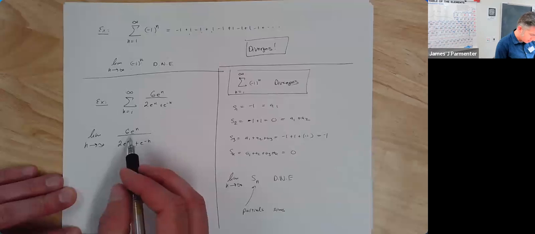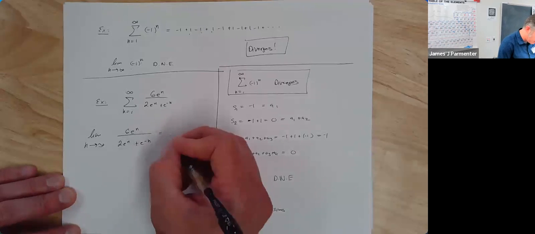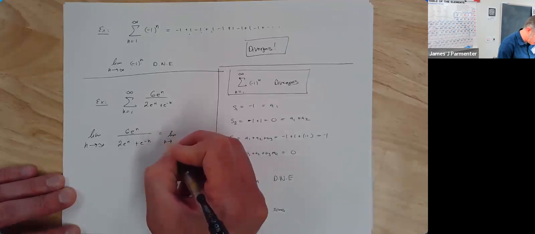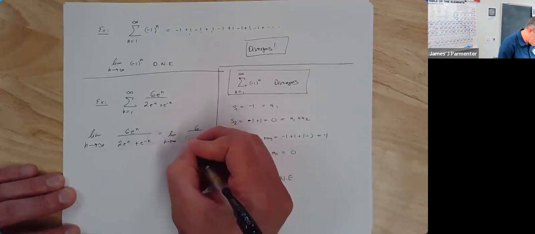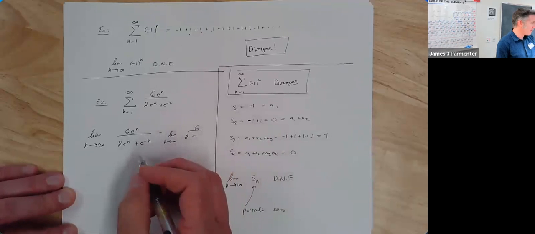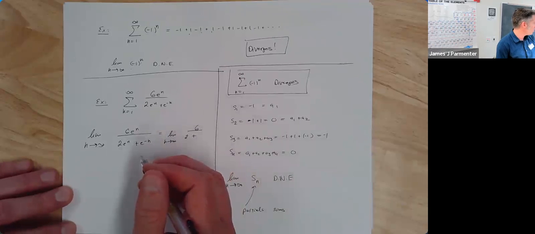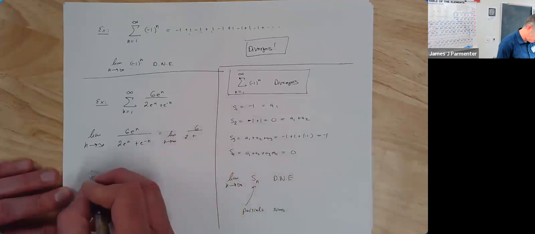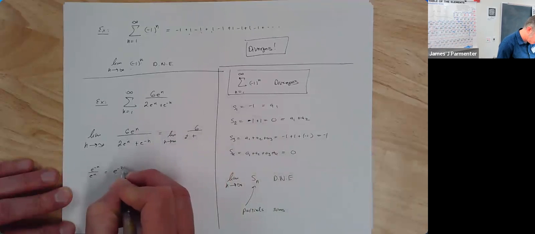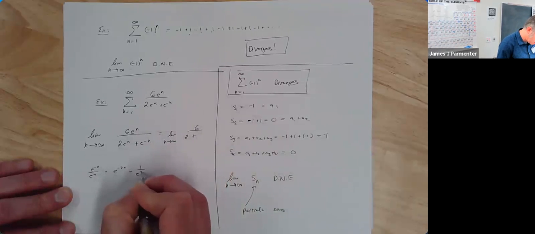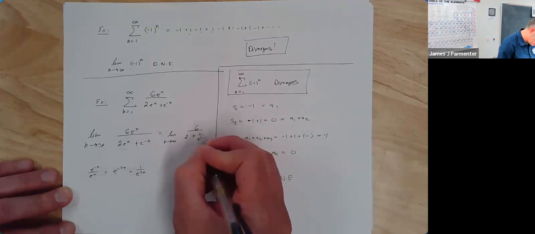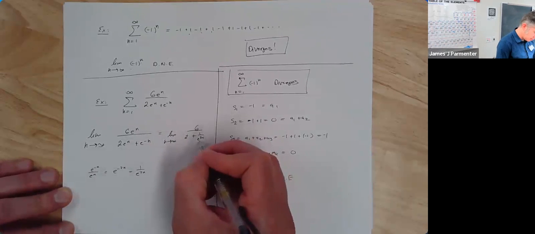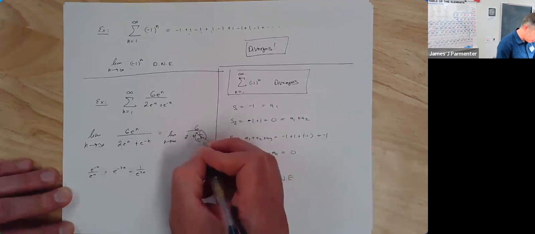And if I look at that, if I divide everything by e to the n, I get the limit as n goes to infinity of 6 over 2 plus e to the negative 2n. Or if you prefer, e to the negative n over e to the n is 1 over e to the 2n. And then as n goes to infinity, e to the 2n goes to infinity, and 1 over e to the 2n goes to 0.